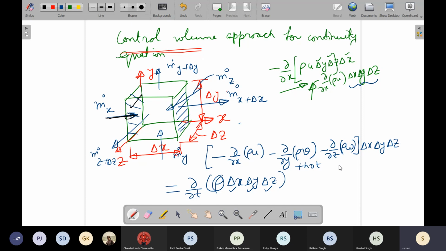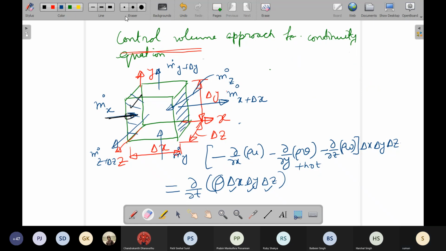So to make this valid at a point, the next logical step is we should take the limit as delta x, delta y and delta z all tending to 0. So let me just erase this. So you have limit as delta x, delta y, delta z all tending to 0, so that you have a description at x comma y comma z at time equal to t.